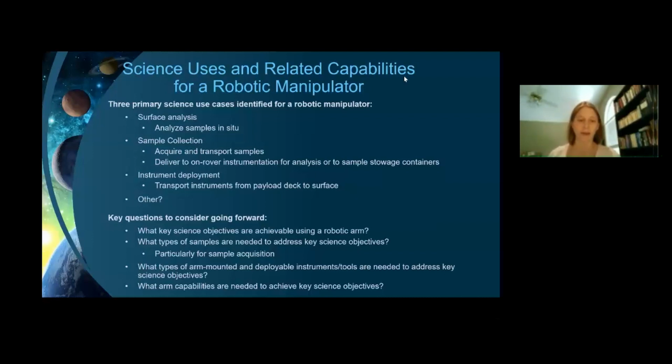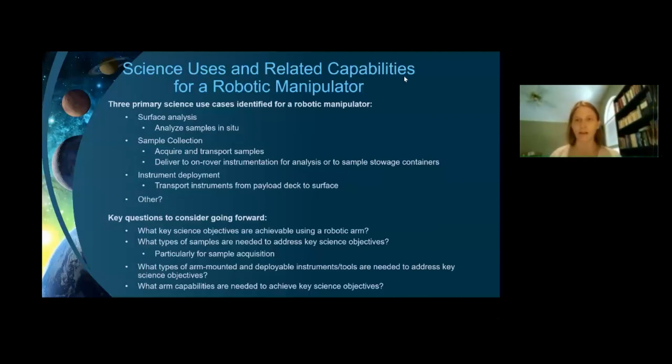What types of samples are needed to address those key science objectives? That's particularly the case for sample acquisition and sample collection. And then what types of arm-mounted and deployable instruments and tools are needed to address these key science objectives? So that's all really on the science side and instrumentation side. And then what are the arm capabilities that are needed to achieve those key science objectives?